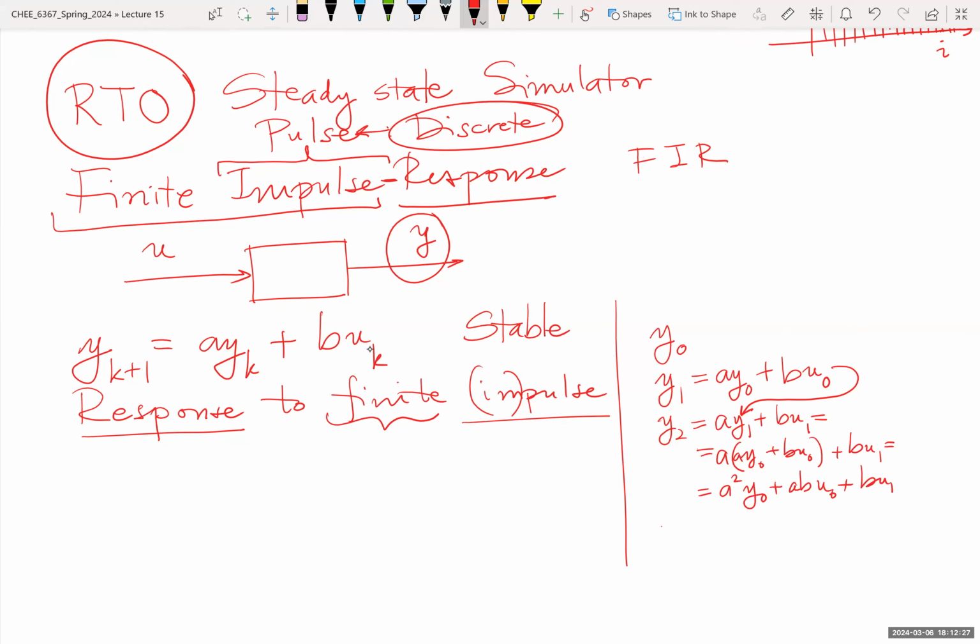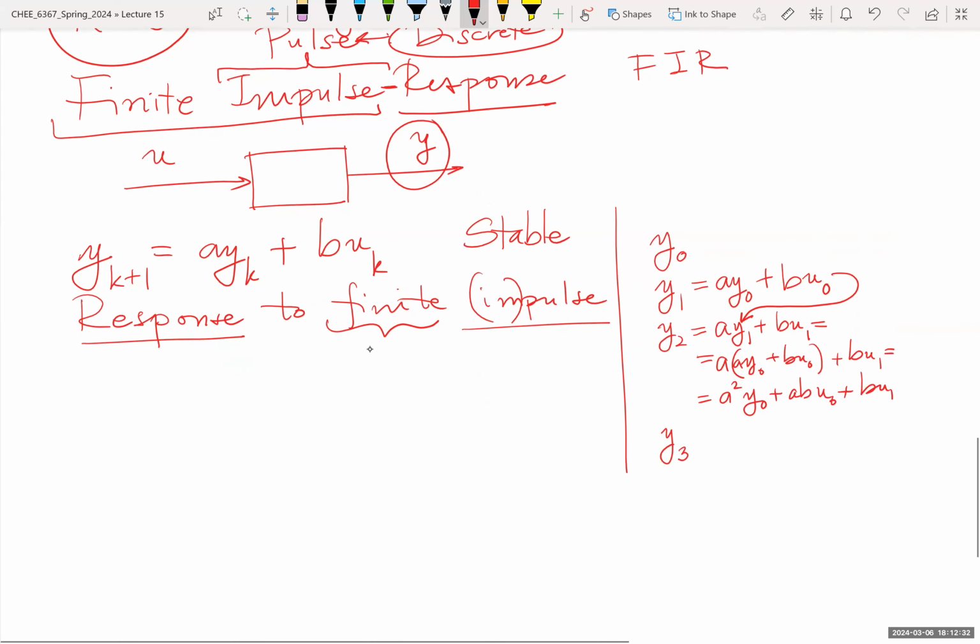Let's take at least one more step so you can see the pattern, and then we'll generalize. So this is going to be, help me with this. Dictate to me what I should write from the model. Yes, plus b u2. And what am I going to do with y2? Yeah, plug it in from upstairs.